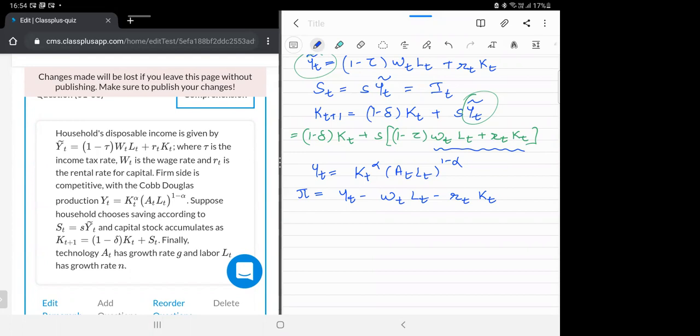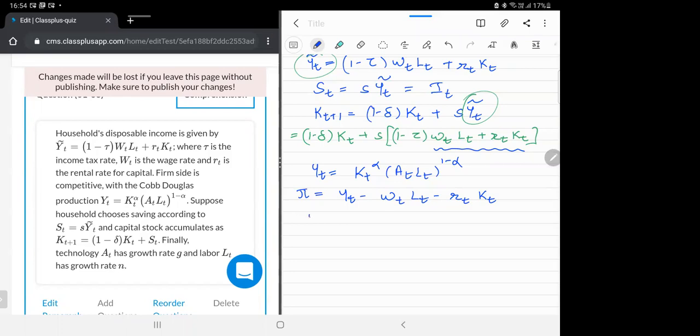This would follow from the earlier result, which was actually solved in the previous one.